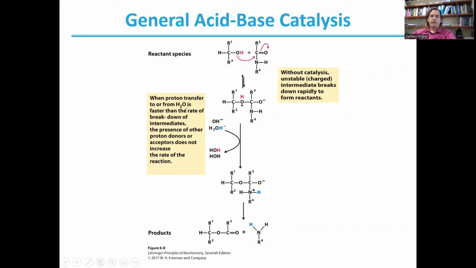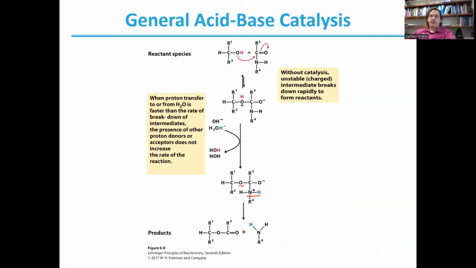So our enzyme will transfer protons from itself to our reactant in order to eliminate those charges and stabilize our intermediate. So here we want to take off the hydrogen to help stabilize this oxygen here. And then we want to add our hydrogen over to our nitrogen to make that more destabilized to then allow it to break off to form our products.